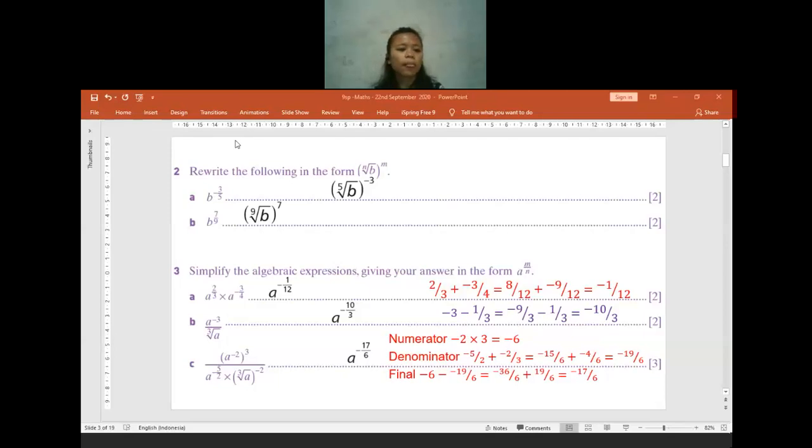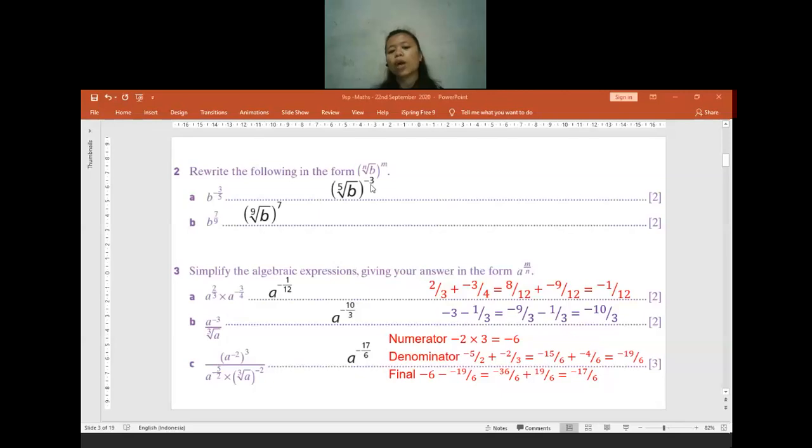Okay then. So now we have the root form. The fractional indices, and we have to change it into root form. So the denominator will be the power for the root, and the numerator will be the power of the letter. So we can make it as fifth root of b to the power of -3.